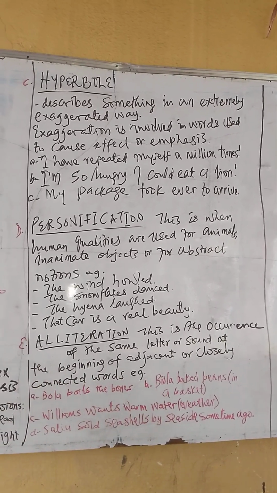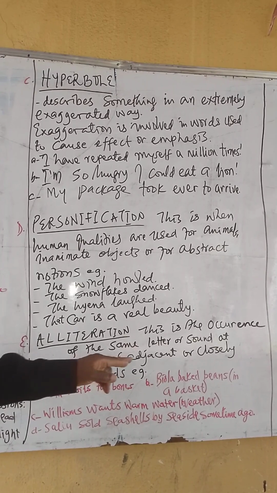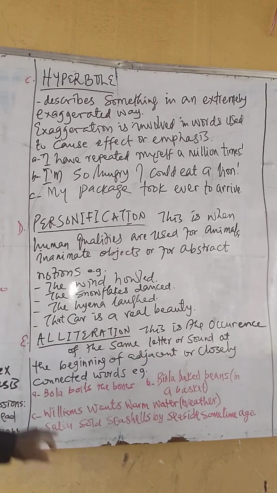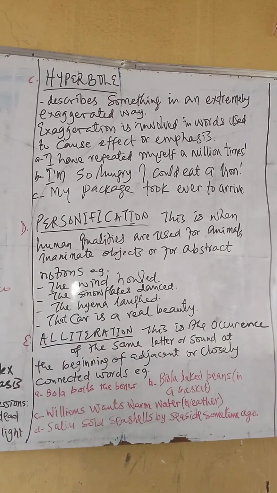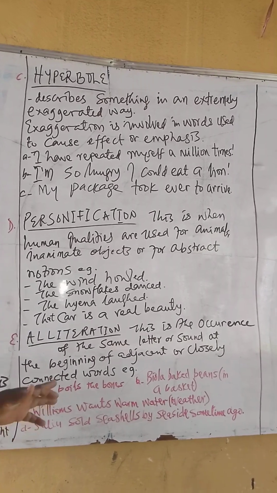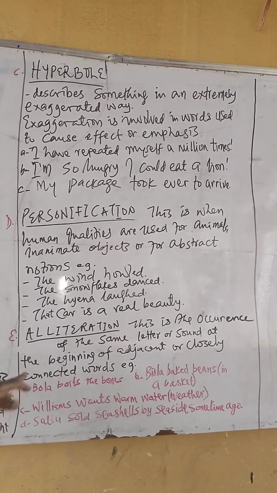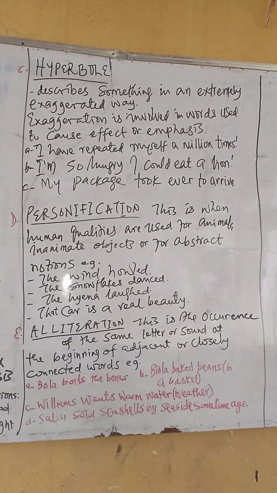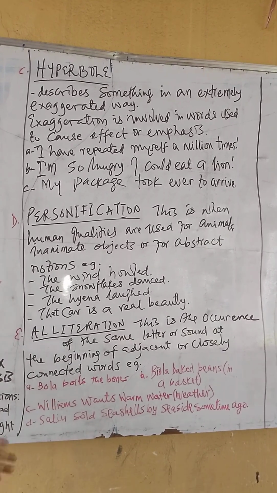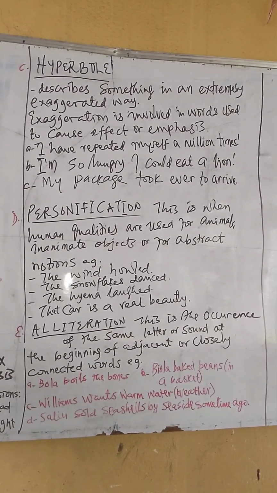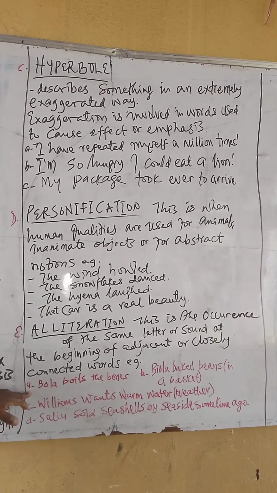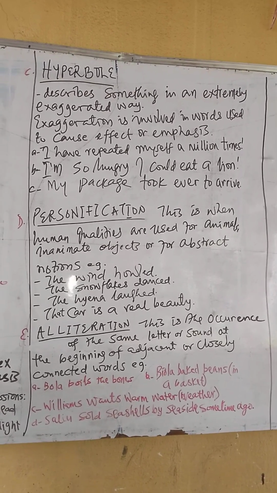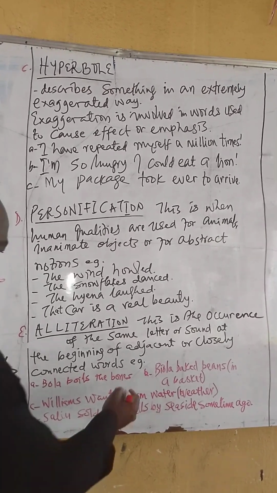Alliteration is the occurrence of the same letter or sound at the beginning of adjacent or closely connected words. There are very many examples, like Bola boils the bones.